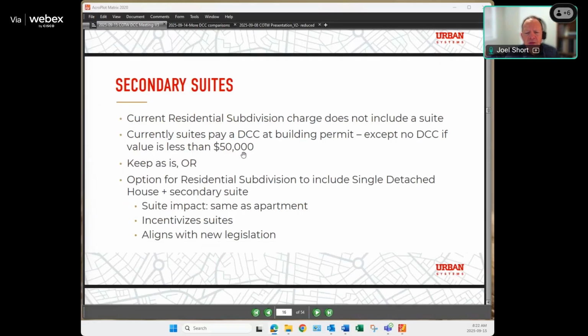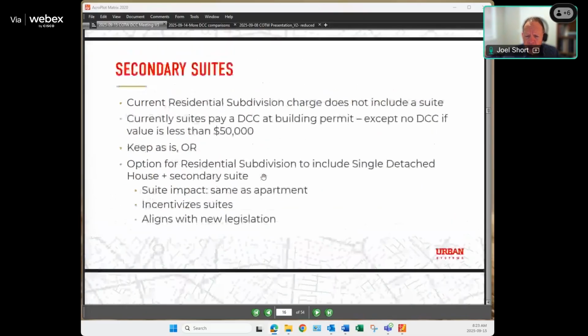It's already been paid for, basically. And the suite impact is assumed to be pretty much the same as an apartment, and that would incentivize suites because they'd already have been paid for. And it does somewhat align with the new legislation in that suites are permitted on lots. So that's a couple of options.